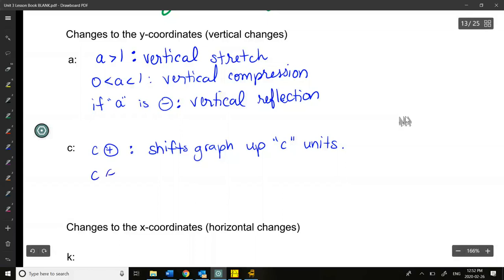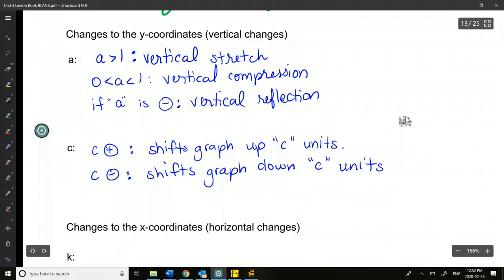And if C is negative, it will shift our graph down C units. So if C is negative 7, it's going to shift our graph down 7 units.